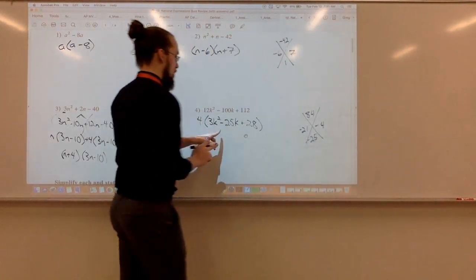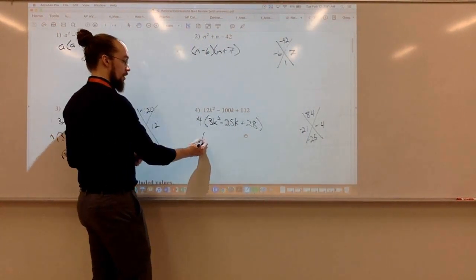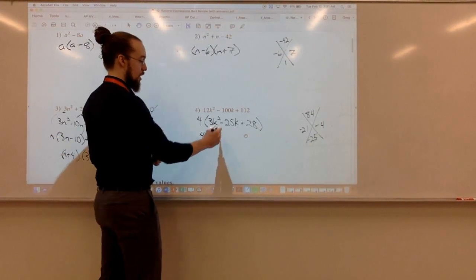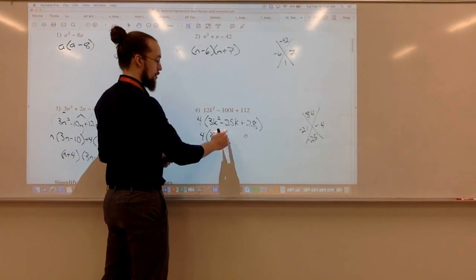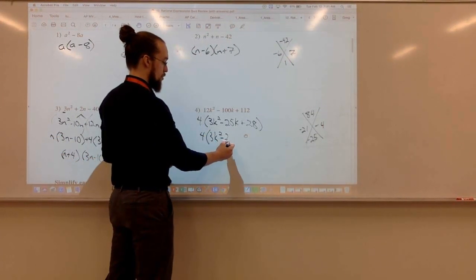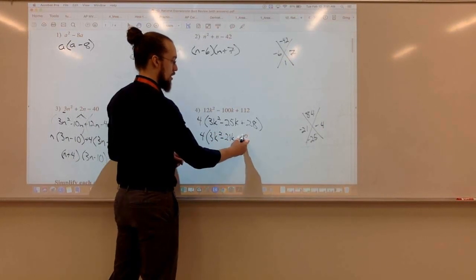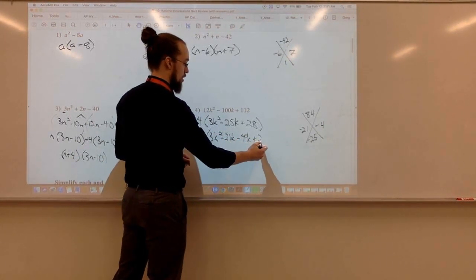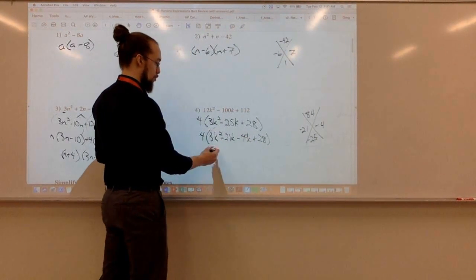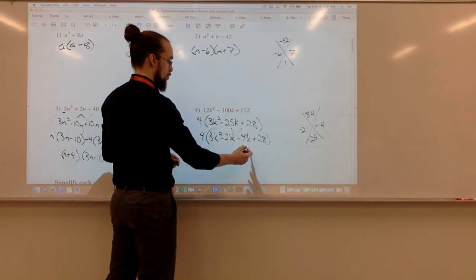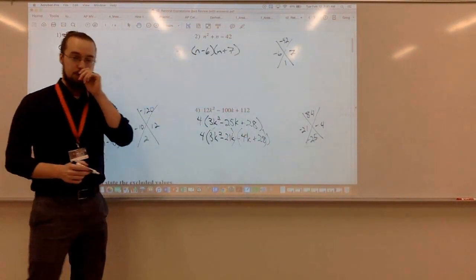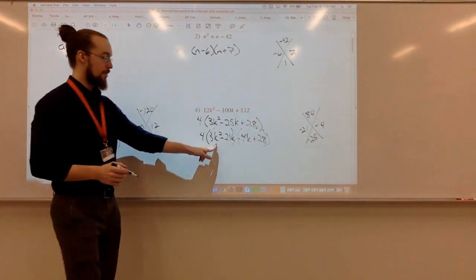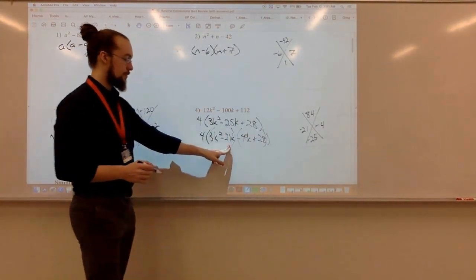So now I will have to factor by grouping. So that means I'm splitting up this negative 25k into negative 21k minus 4k. And then I group the first two, group the second two, and look for a GCF. So first, we got 3k squared, negative 21k.